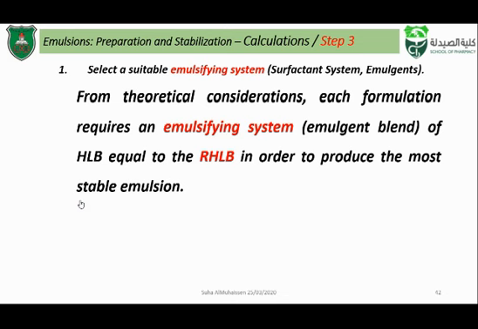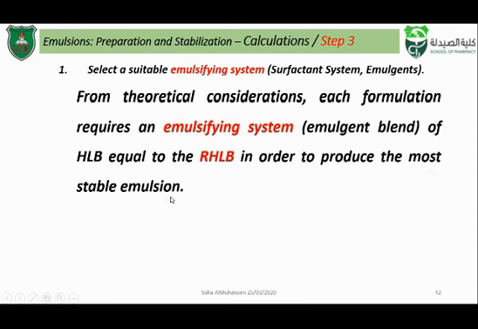We need to remember some important facts. From a theoretical point of view, each formulation requires an emulsifying system, an emulgent blend of HLB equal to the required HLB. Then the oil phase does require the HLB, and this HLB is provided by the emulsifying system in order to produce the most stable emulsion.